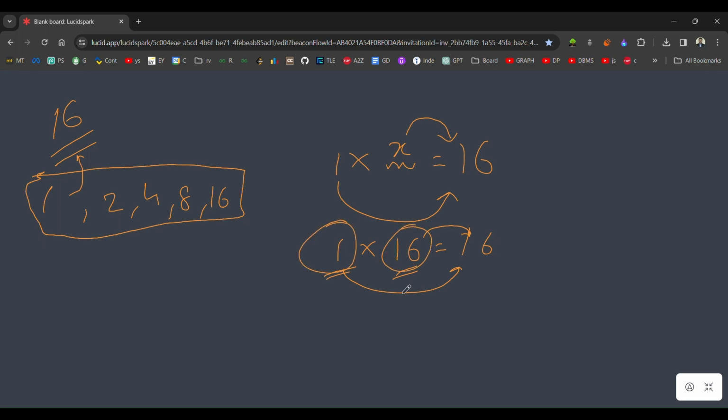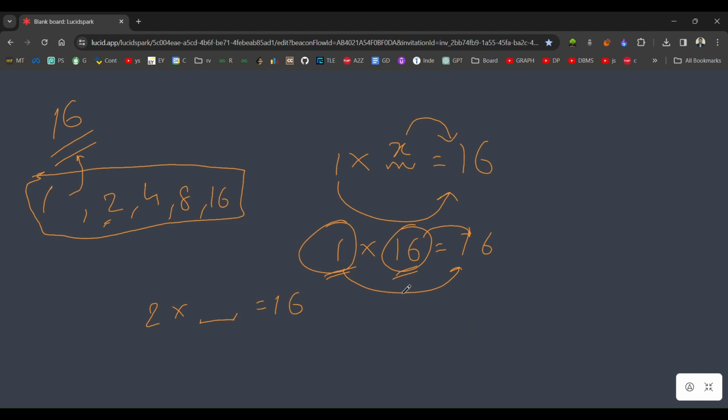Similarly, if 2 is dividing 16, let's say 2 into something is equal to 16. So what is this something? Let's say it is x. So what is x? x will be 16 by 2, right? So it will be 8. So 2 into 8 equals 16. That means here 2 is dividing 16 completely, and 8 also divides 16 completely.